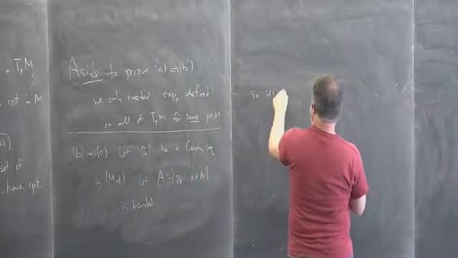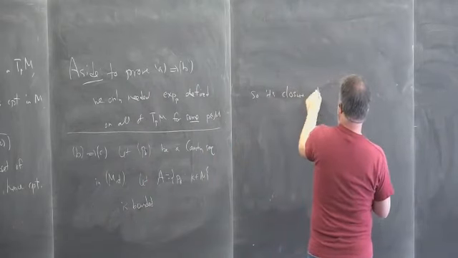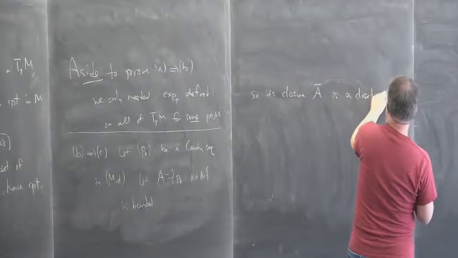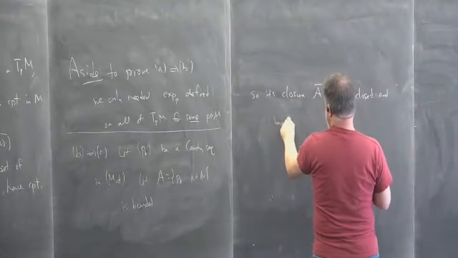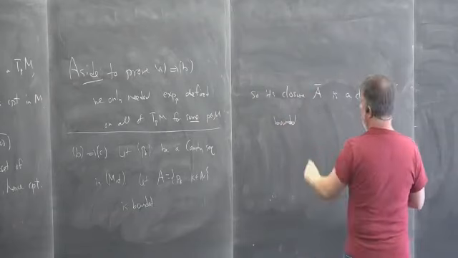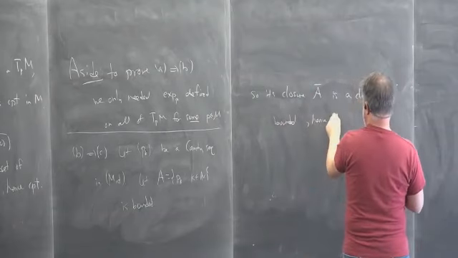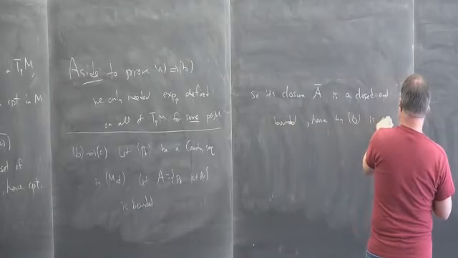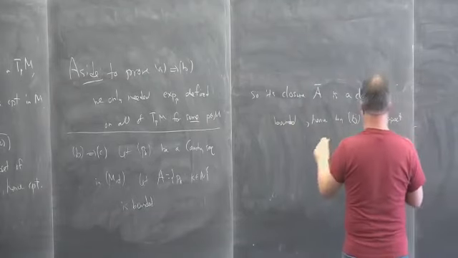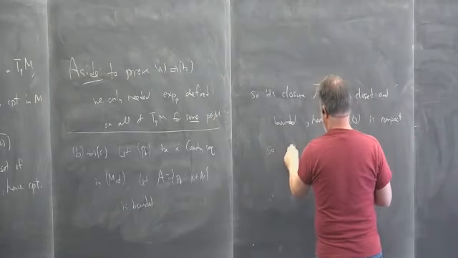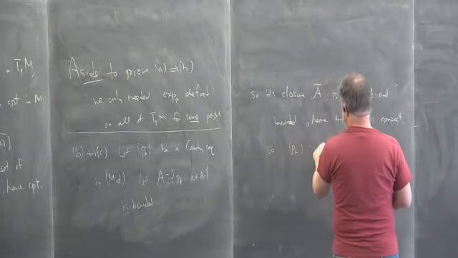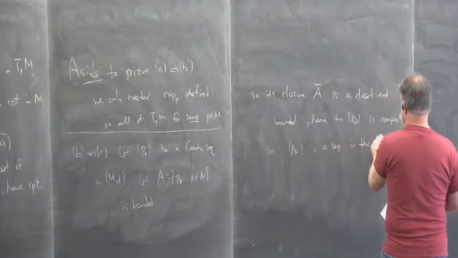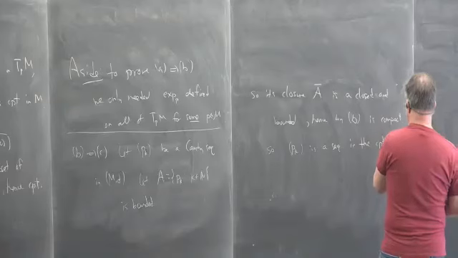So its closure, A bar, is a closed and bounded subset. It's an easy exercise to show that the closure of a bounded thing is bounded in a metric space. Hence, by B, it is compact. So p_k is a sequence in the compact set A bar.